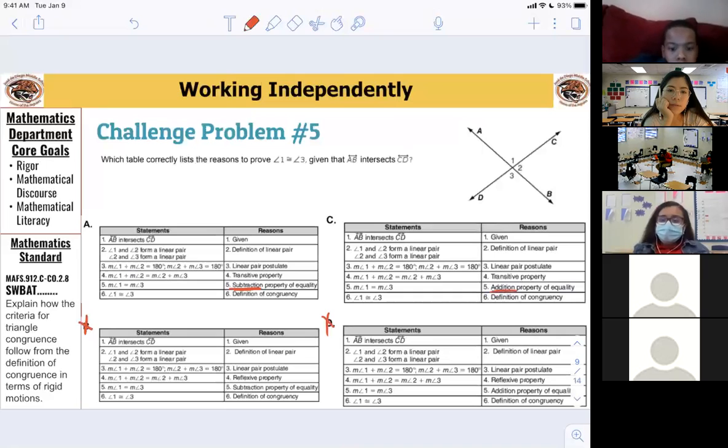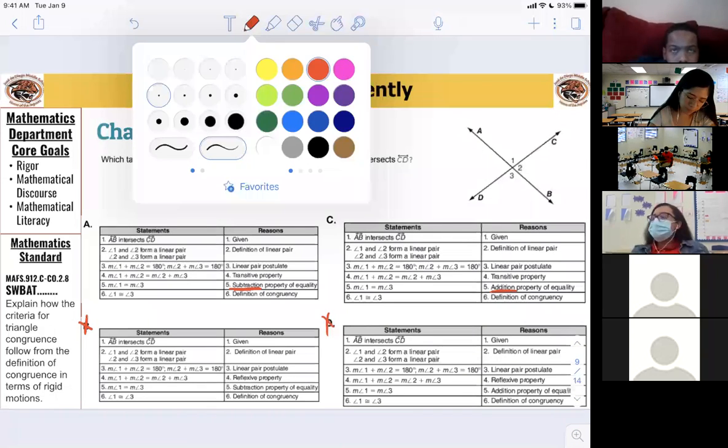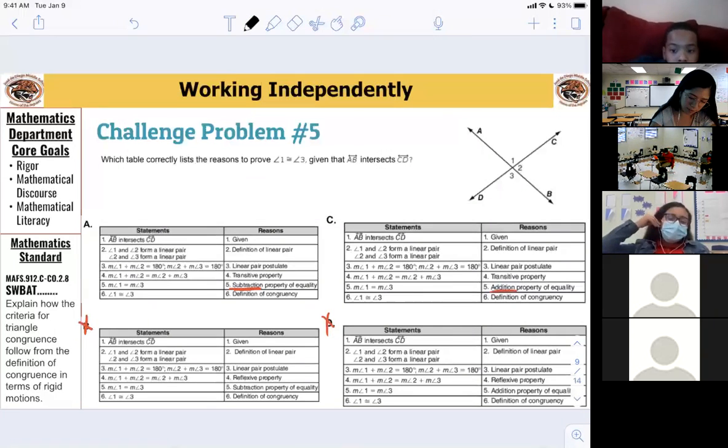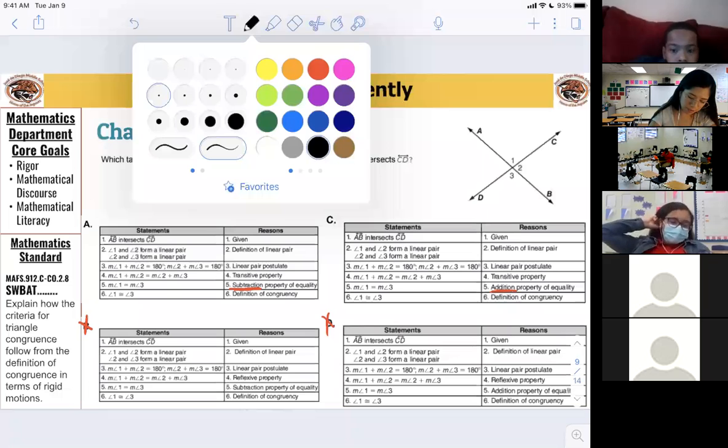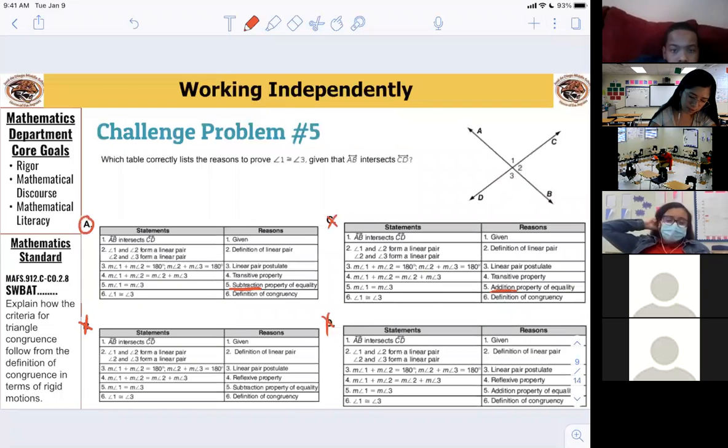Tyrone has said A. It's A now because they eliminated the 2, right? So wouldn't that mean they subtracted it? Yeah, they subtracted. So Tyrone was right. Nice job, Tyrone.